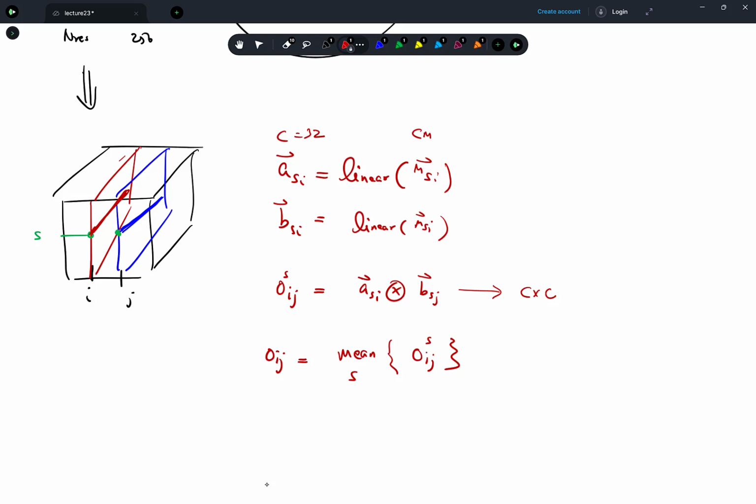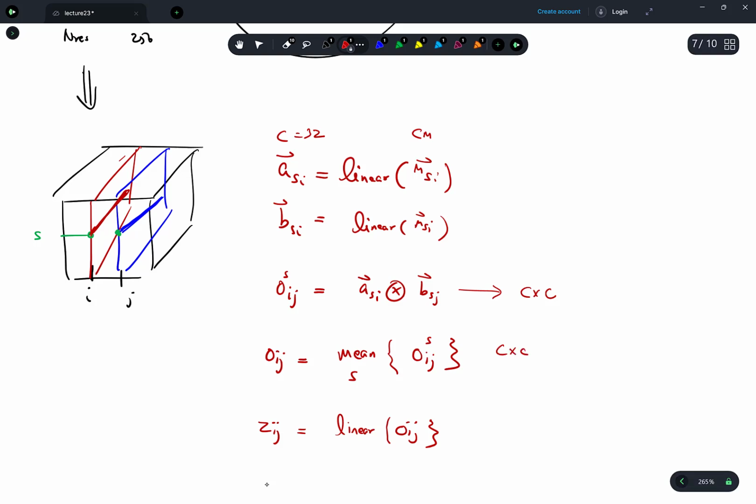Oh, interesting. Okay, I see. So z_ij is actually just a linear projection of o_ij. So this will be a C cross C matrix, which you then flatten into C times C, and then do a linear projection on that.